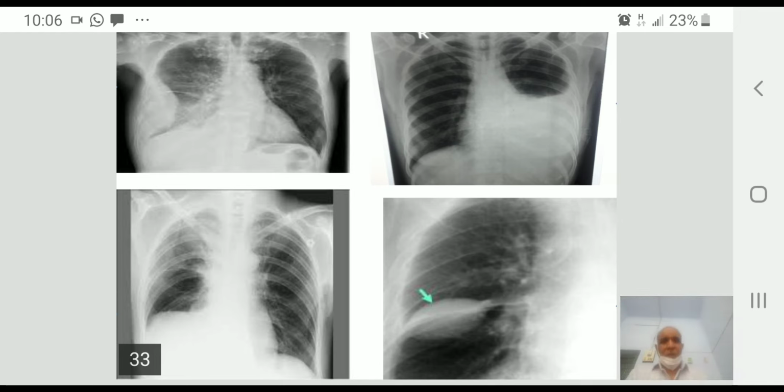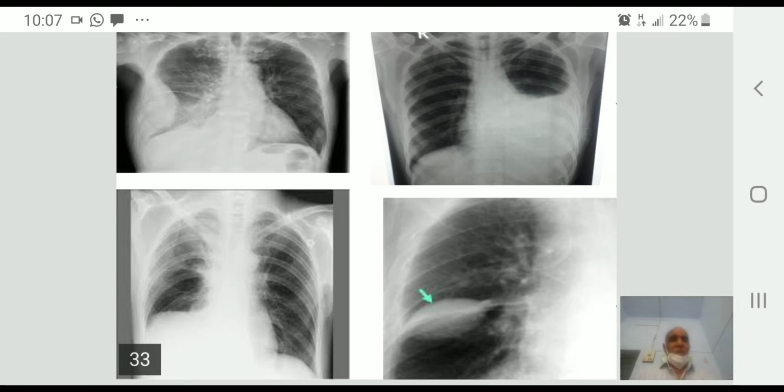In contrast, there is a dense opacity. Inner border is well marginated and at the costal margin there is an obtuse angle. This is a localized collection of fluid.